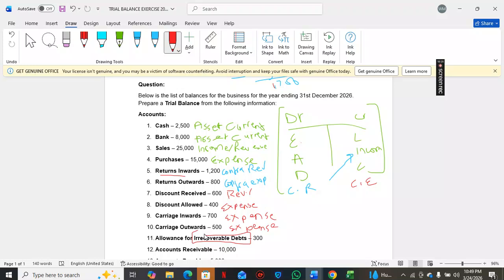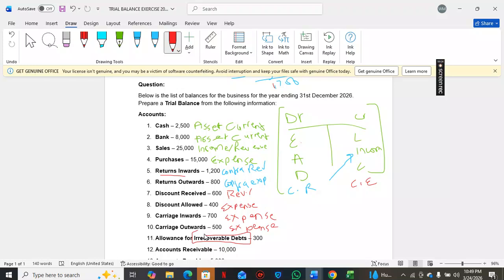The asset it reduces is which one? It's reducing our current assets. Trade receivables, madam. Yes, the people who owe us money. So this is a provision that you might not get all your money back.